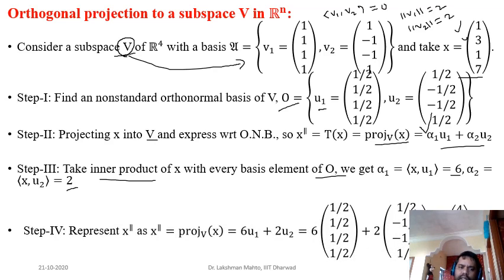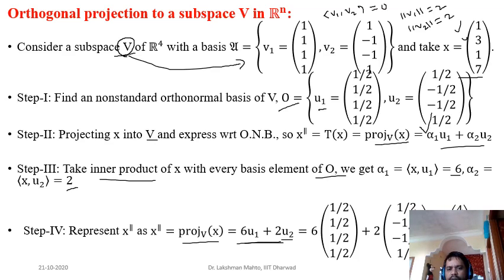Now in the last step, in the fourth step, you will express your projected part as a linear combination of u1 and u2. Here alpha 1 is equal to 6 and alpha 2 is equal to 2. So 6 times u1 plus 2 times u2 gives the projection of x on V. This one is the projection vector of x with respect to the plane V.